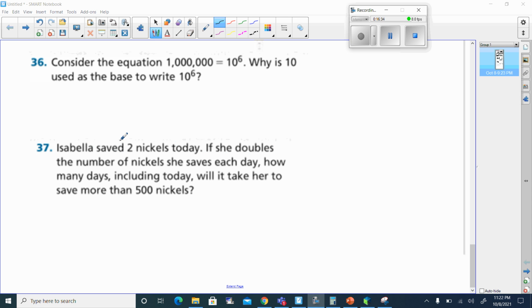So let's start. Remember, it said Isabella saved 2 nickels today. If she doubles the number of nickels she saves each day, how many days? So on day 1, she just had 2 nickels, which is 10 cents.